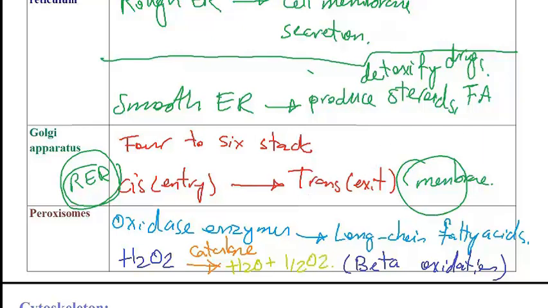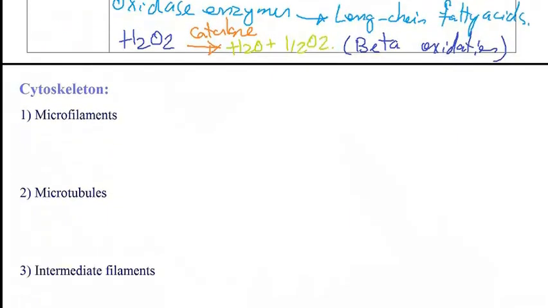Now next I'd like to discuss the cytoskeleton of the eukaryotic cells. So there are three important components that you should be familiar with, and these include the microfilaments, microtubules, and intermediate filaments.